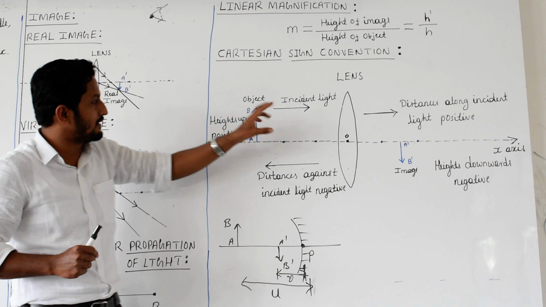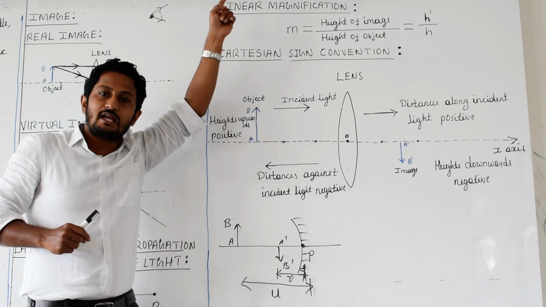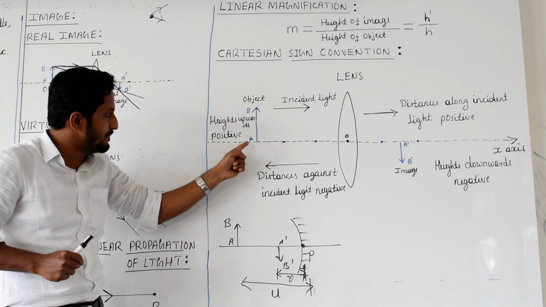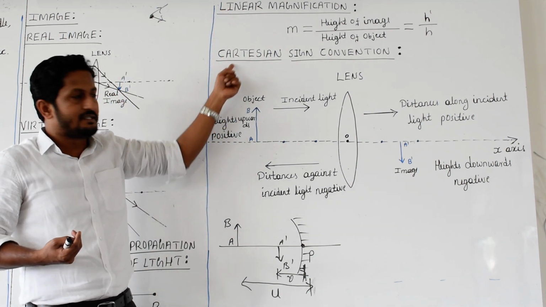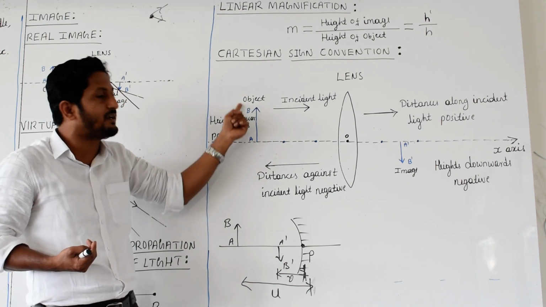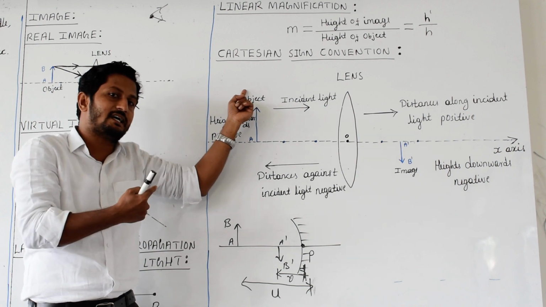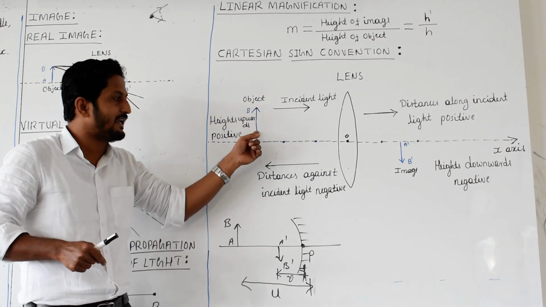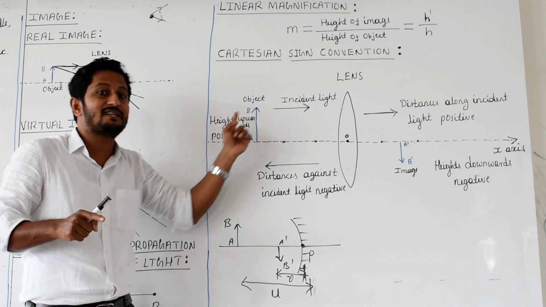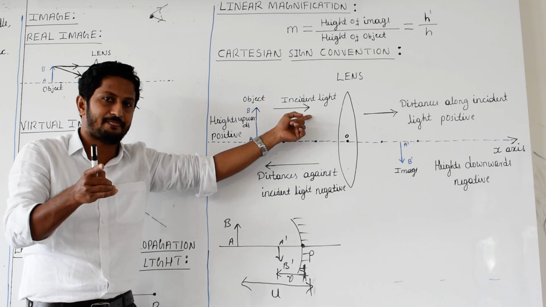Here, this object AB is held vertically upward. Their height measurement, we are taking it like this. This height measurement is going vertically upward, so now we have to take that height as plus h. Here it is the height of the object, so plus h. Getting what I mean to say? Plus h.